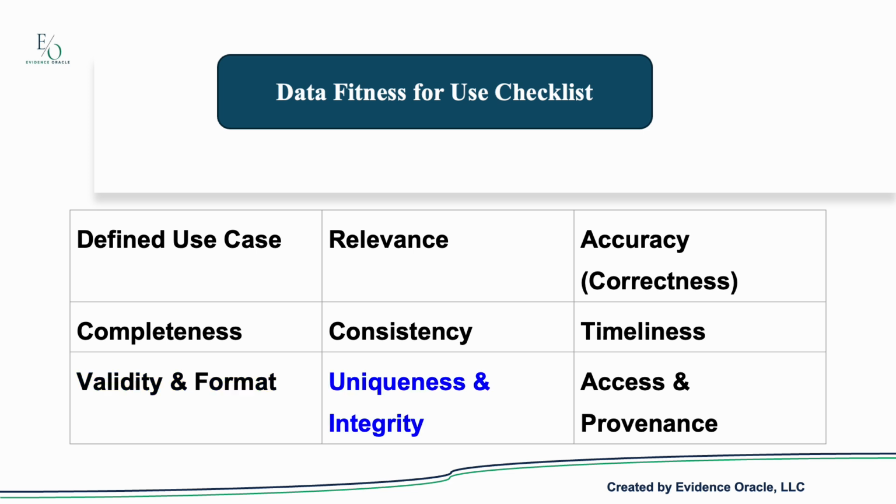Uniqueness and integrity. This is about whether records are duplicated or incorrectly linked. Do you have the same records showing up multiple times so it looks like you've served more people than you actually have, or you have better outcomes than you thought that you did? Each record should be represented one time, but make sure you understand how those records are organized.